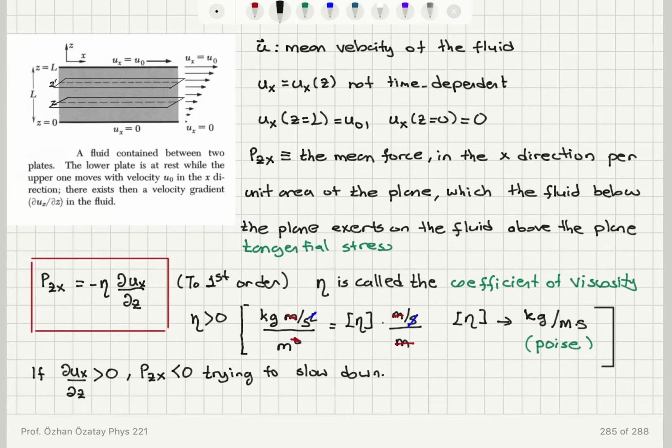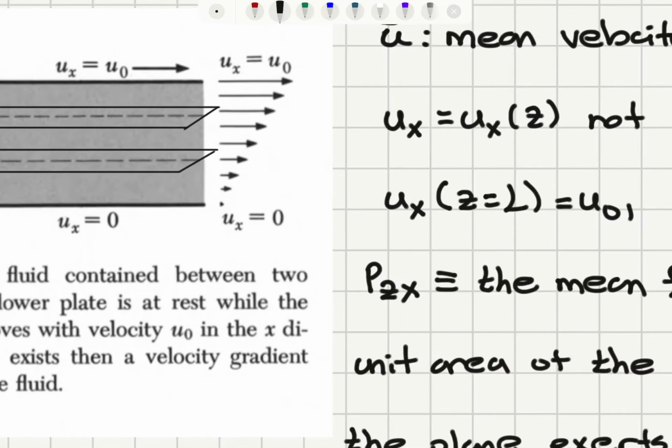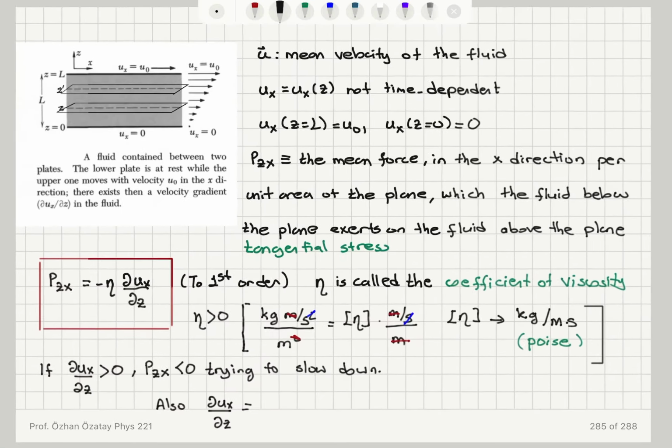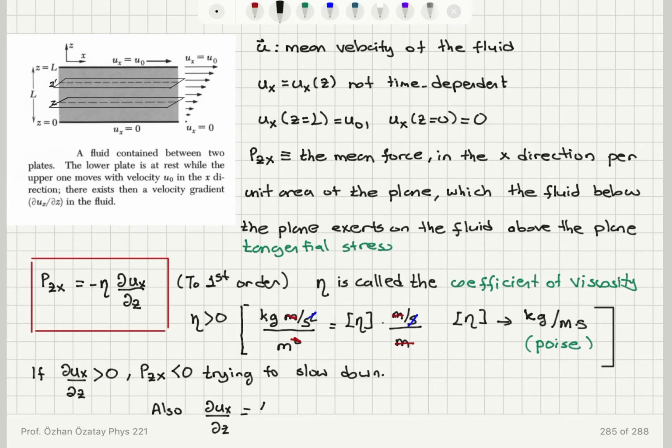At the same time, for this example, this gradient del ux del z will be equal to, since I have a uniform gradient from z equals 0 to z equals L, all the way from 0 to u0, the change in u divided by the change in z, which will be u0 divided by L, and that's going to be a constant here for this example.